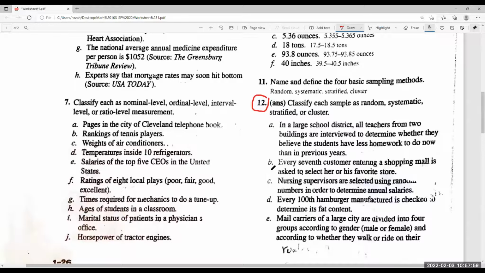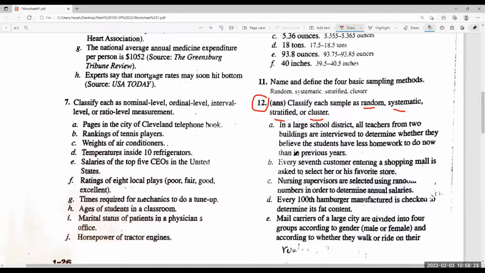So what we would like to do is classify each sample. Just tell us which one is it. Is it random, systematic, stratified, or clusters? Read it carefully as we talk about it. If they use a random device to do it, it's a random sampling.